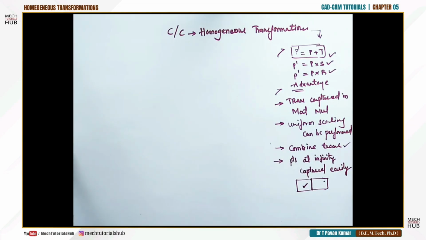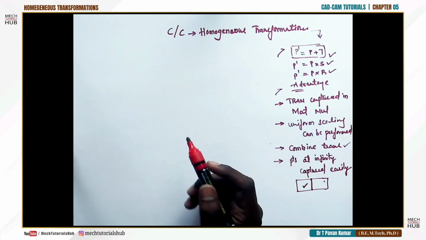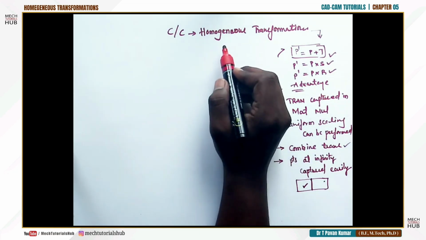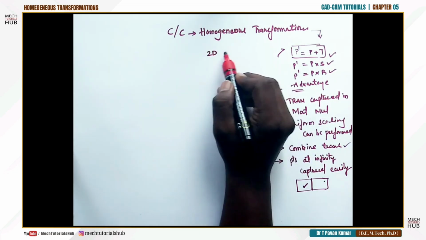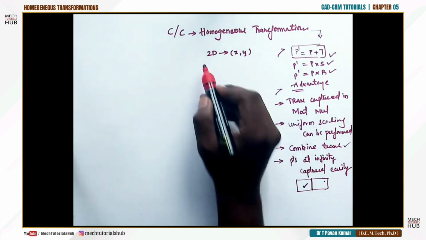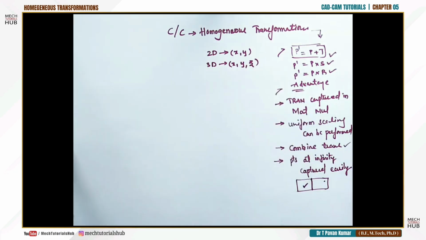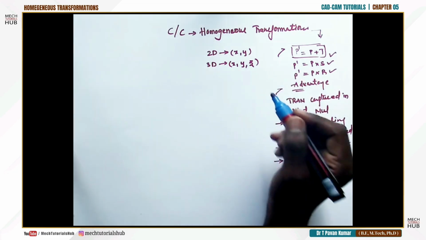Now for example, in case of homogeneous coordinates, let us take a single point. A 2D point is represented as x comma y, and a 3D point is represented as x, y and z. We know from our basics, this is how we represent a 2-dimensional point and a 3-dimensional point.